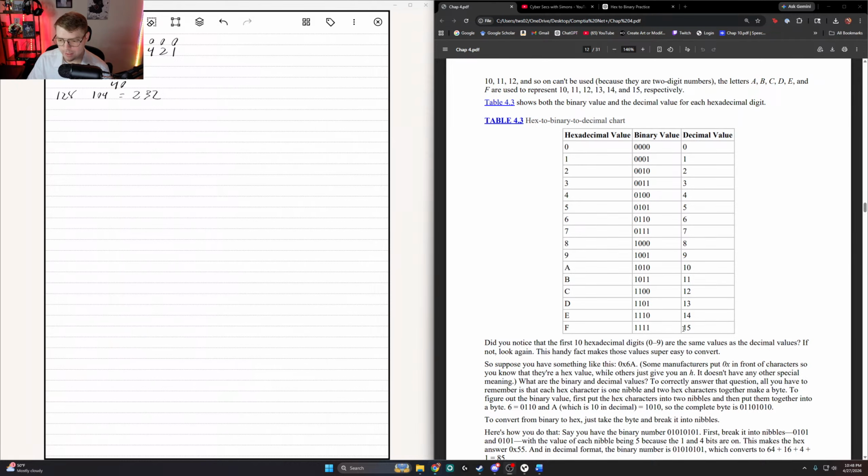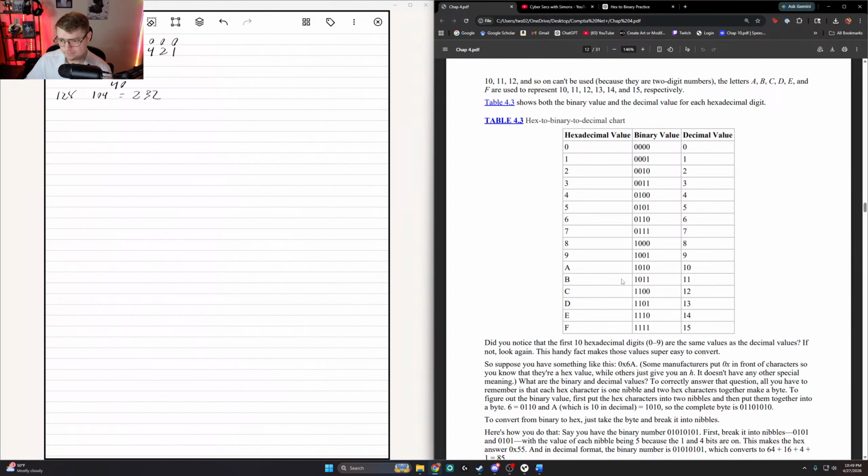Remember, the decimal value is just if we were to add all the values together, what number do we get at the end. And then the hexadecimal value, you'll see that everything up to 9 is exactly the same. The only difference is when we get to a value of 10, we have A. A value of 11, we have B. Value of 12, we have C, 13, D, 14, E, 15, F.